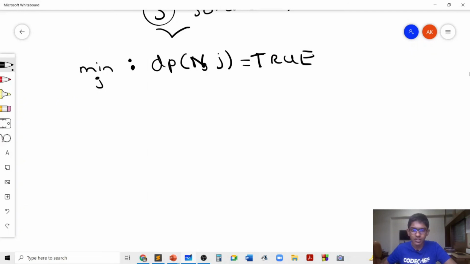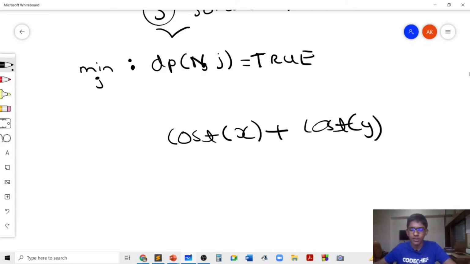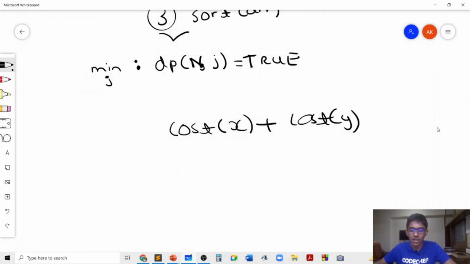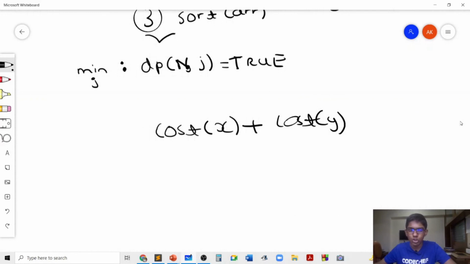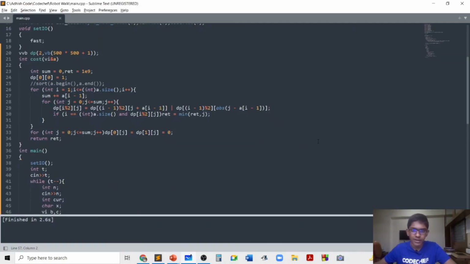If we define a method cost for a component, then the final answer is just the cost for the x component plus the cost for the y component. And now I'll be explaining the specific implementation details with the help of my code. In case you didn't get the solution fully, you should be able to understand it with my code.